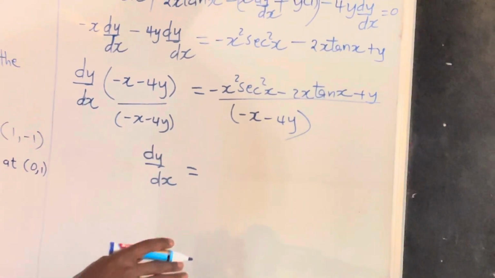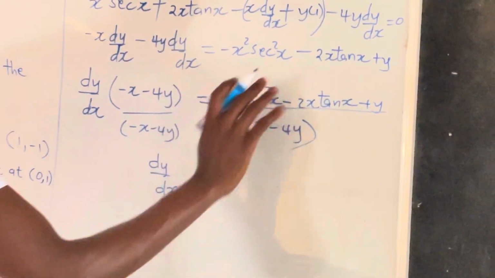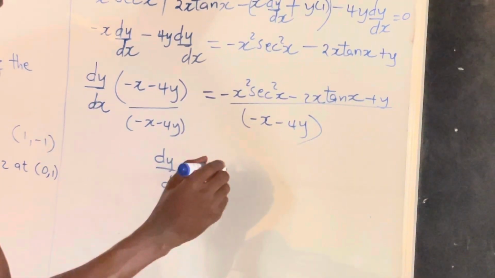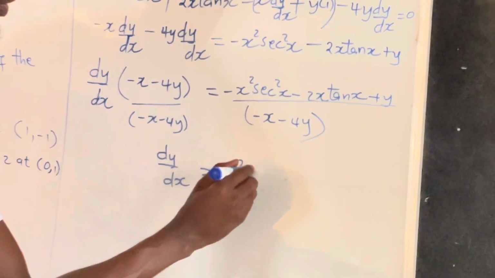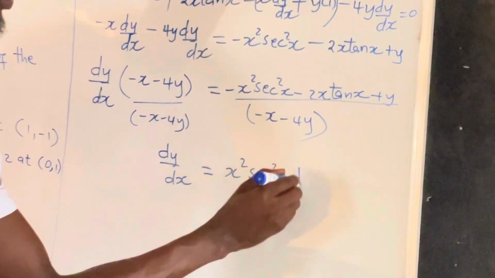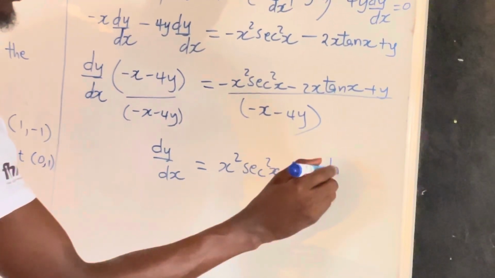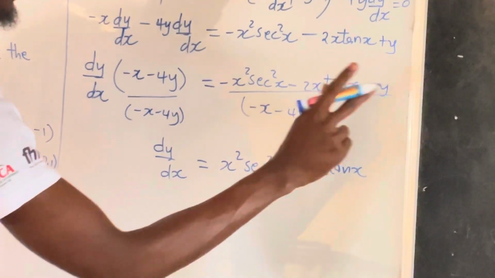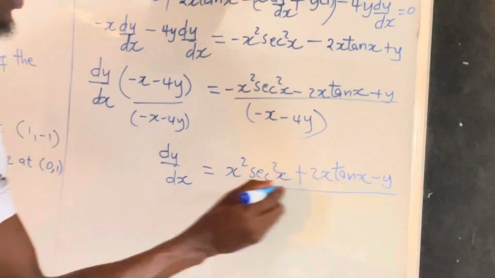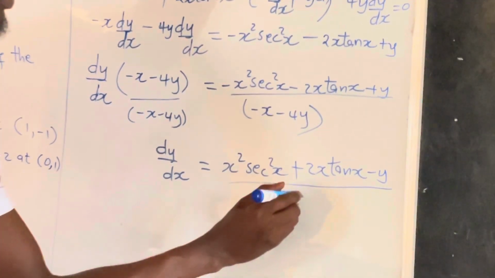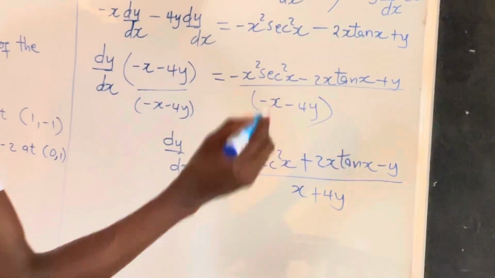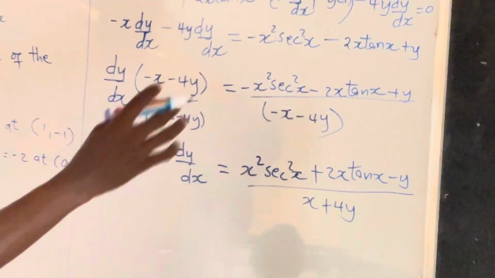We can get rid of the negative, multiplying it up and down such that we have x squared sec squared x plus 2x tan x, then minus y, all of this over x plus 4y. But they gave us a point.